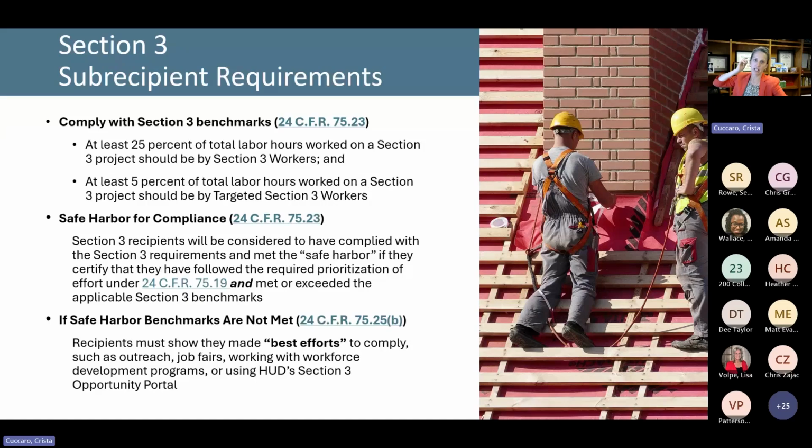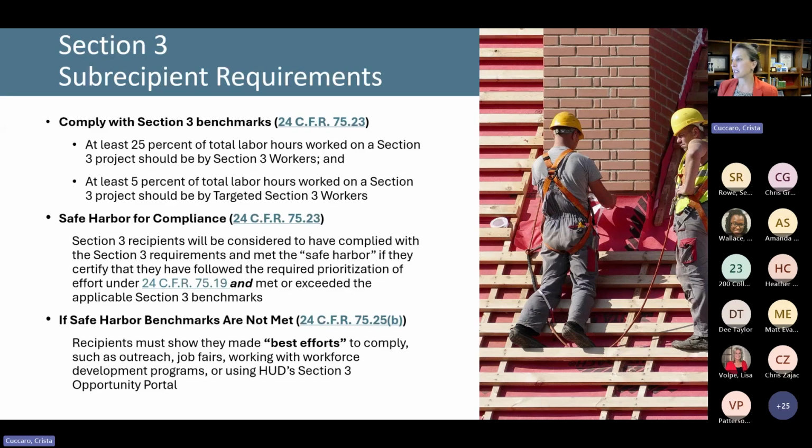These benchmarks focus on employment and look at whether 25% of the total labor hours worked on a Section 3 project are done by Section 3 workers, and then at least 5% of those total labor hours performed by targeted Section 3 workers.